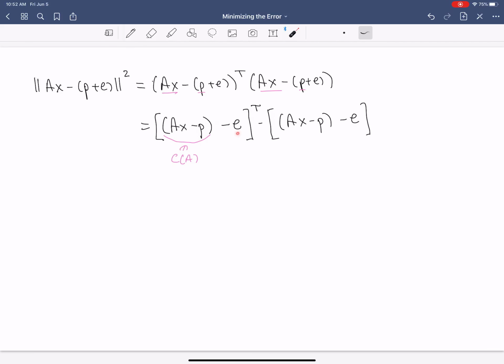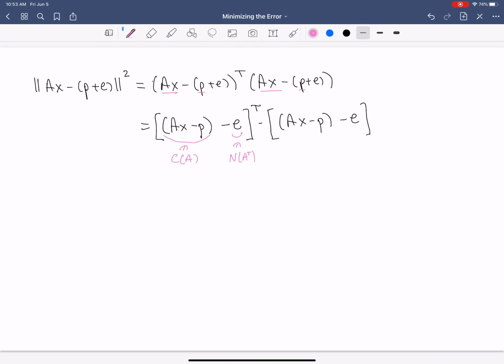If E is 0, then you've minimized everything, or your B was already in the column space. So this part is in the column space. This part is in the left null space. In other words, it's not just P and E that are mutually orthogonal, but rather AX minus P is orthogonal to E.